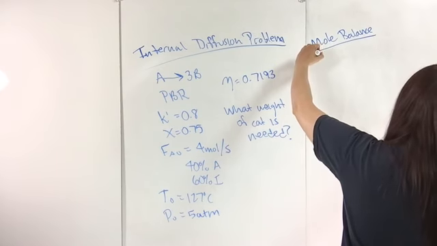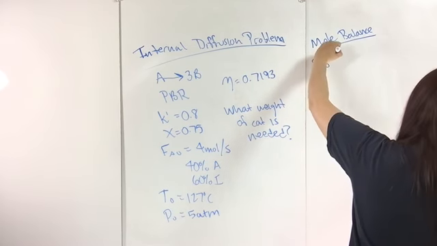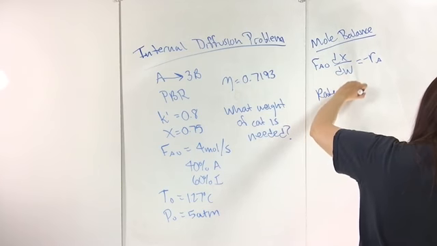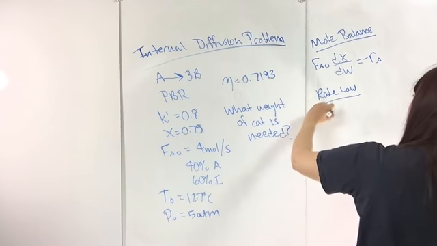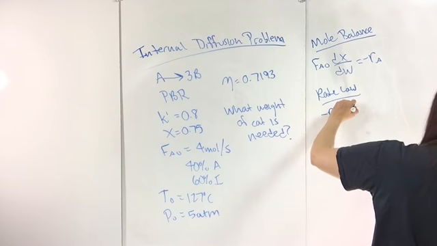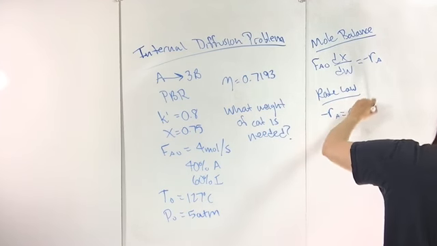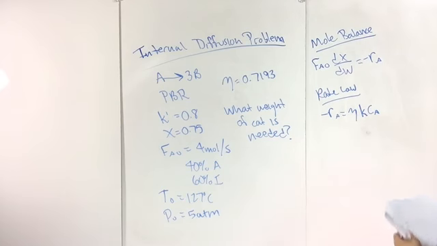So your mole balance is FA naught dX/dW equals minus rA, because you have a PBR. The rate law is minus rA equals the effectiveness factor multiplied by k CA. So this is how that applies. You basically multiply your rate law by the effectiveness factor.